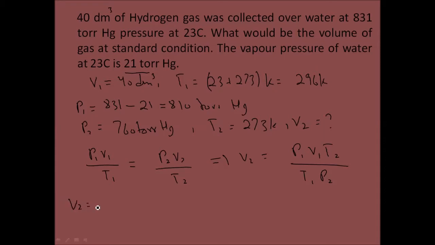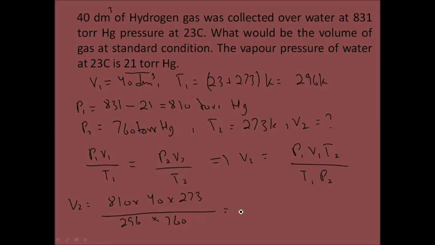By putting all the values here, the value of P1 is 810, the value of V1 is 40, and the value of T2 is 273, divided by the value of T1, which is 296 Kelvin, times P2, which is 760.